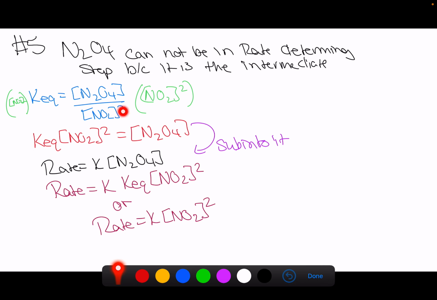And if you look at what I have written, that goes back to your step 1. That's where that's coming from. Okay? So I write that expression. Then I'm going to move around to get what I don't want there, N2O4, isolated. Then I'm going to substitute into my rate law. And then I'm going to get rate equals k[NO2] squared.